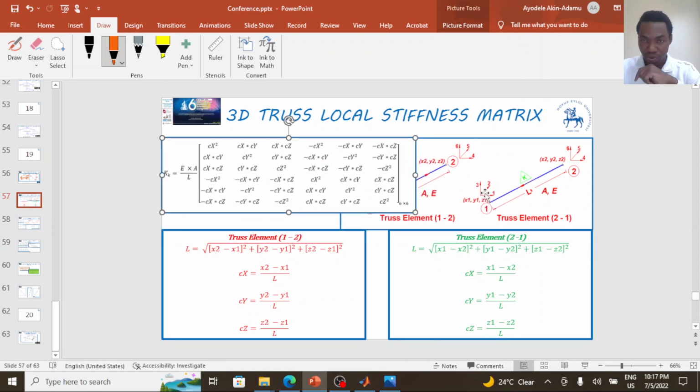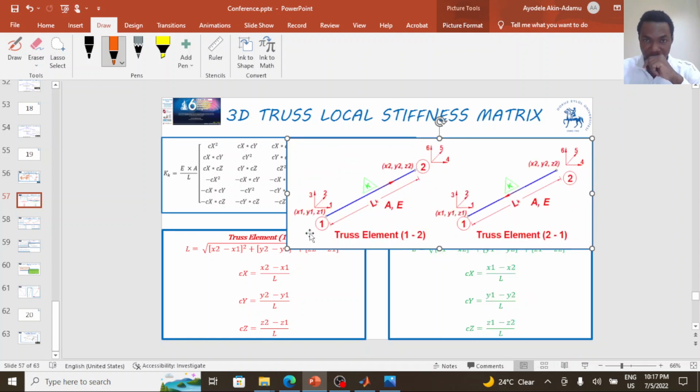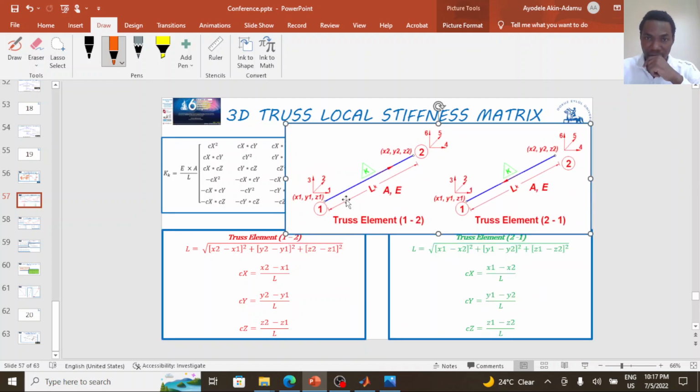So let's assume we have this 3D truss element, and we define the nodes as shown in the image. Here we have node 1 and node 2.